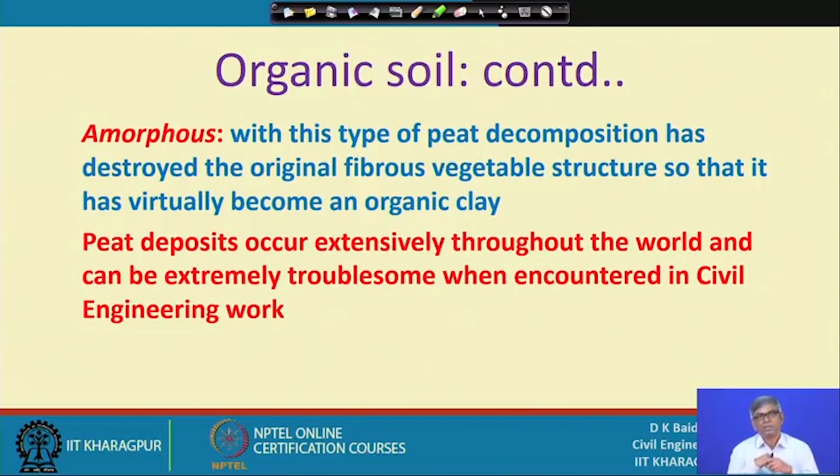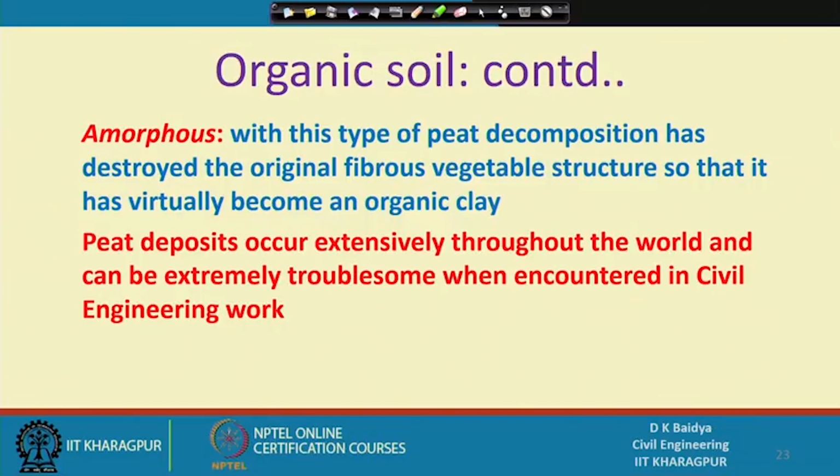That means on the surface we may find that the soil is quite good, but maybe after 2-3 meters there may be a very thick layer of organic clay, and the void ratio of organic clay is very high. Of course, you may not know now what void ratio is. From the term itself we can visualize that void ratio means the presence of voids in the soil mass.